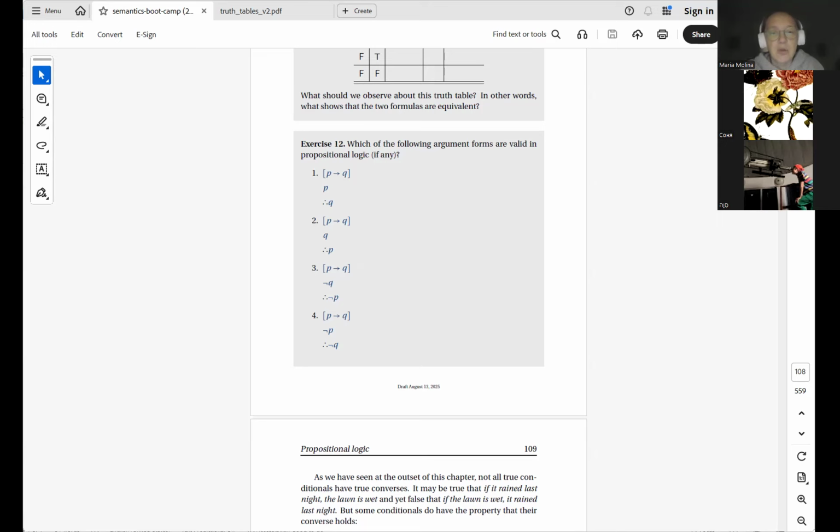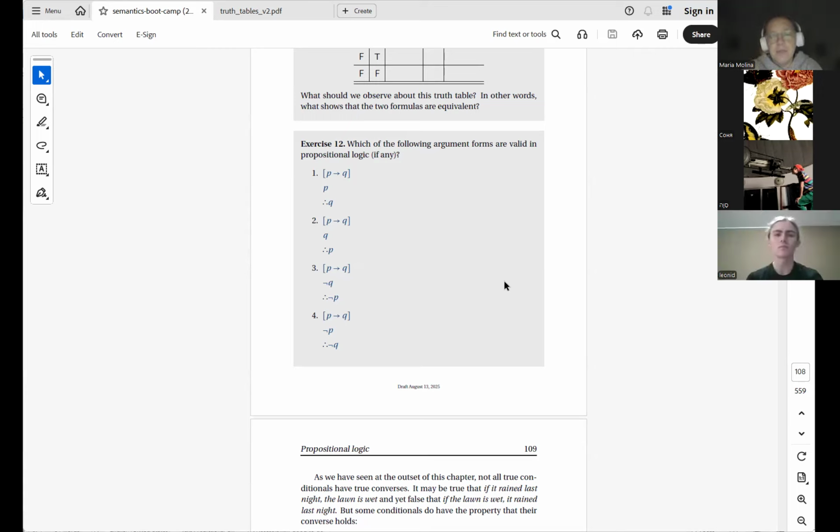So you should think in terms of negation. If negation of Q is given, negation of P is true.